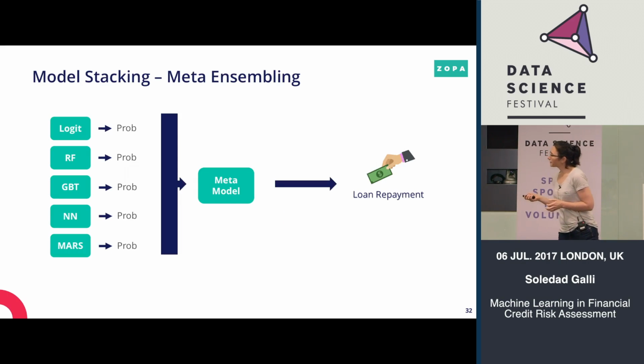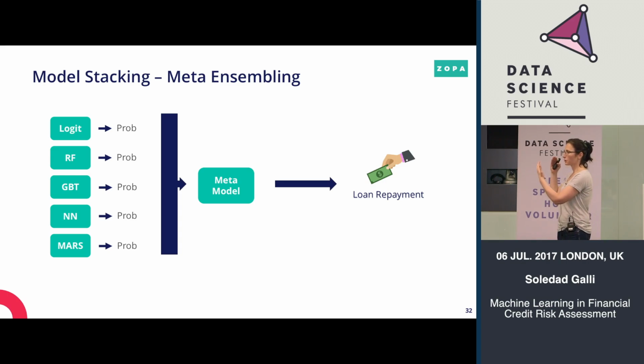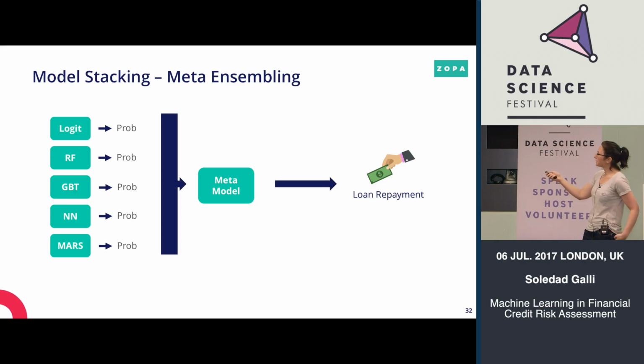Model stacking is basically putting a lot of models together and generating a new model that considers the outputs of all the previous models. In this case, we have built a series of models. We built logistic regression, random forest, gradient boosted tree, neural networks, and MARS on the same data set.